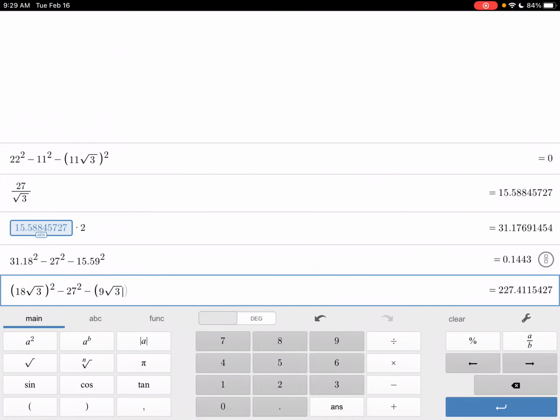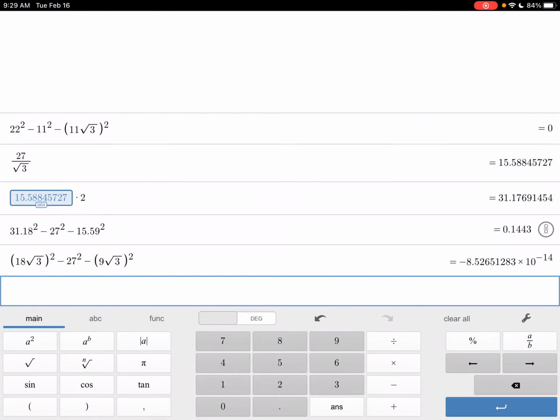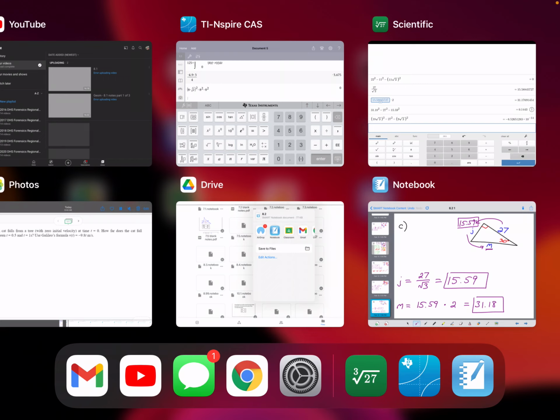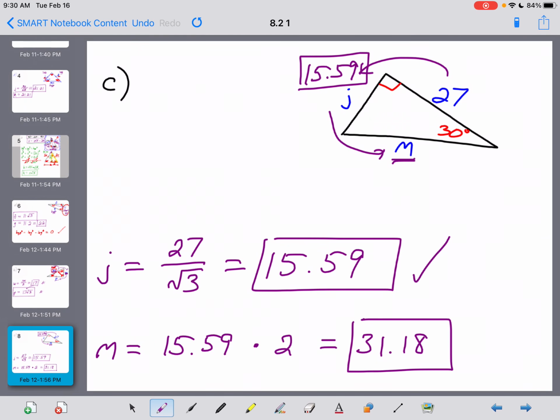Get out of there, close it, and square it. That should equal exactly 0, and there again is a number in scientific notation with an exponent of negative 14. So this is 13 zeros, and then 8526. Close enough to 0 for our purposes right now, guys. So I feel pretty good about those 2 answers here.